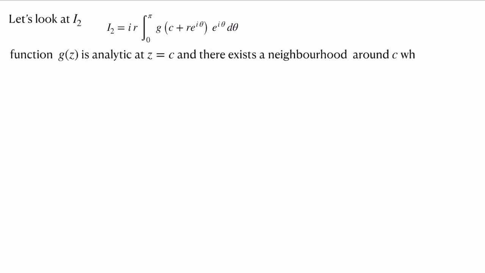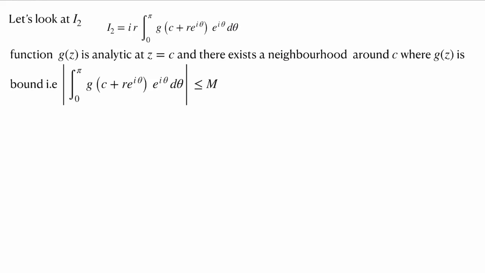Let's look at term I2, which is i r integral 0 to pi g of c plus r e power i theta into e power i theta d theta. We know that the function is analytic. If a function is analytic at a point z is equal to z0, we can always construct a small neighborhood around z0 such that the function is bounded inside the neighborhood; that is a condition for an analytic function.